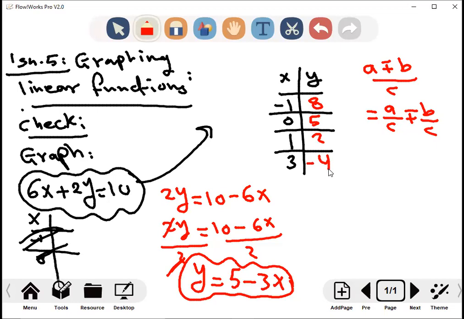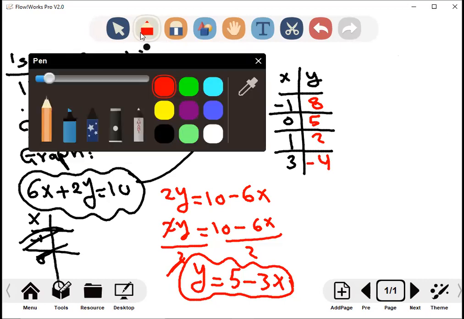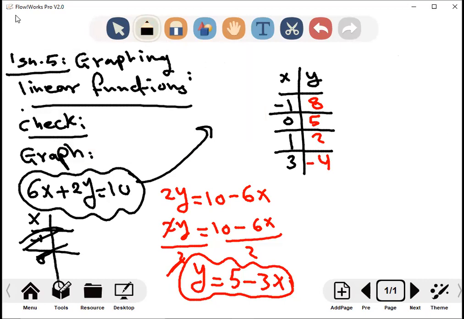Now here I have the full table. I filled the table. Okay. Now I'm ready to make what we call ordered pairs. From each line here you have an ordered pair. Here x, y, not y, x. -1 with 8, here 0 with 5.